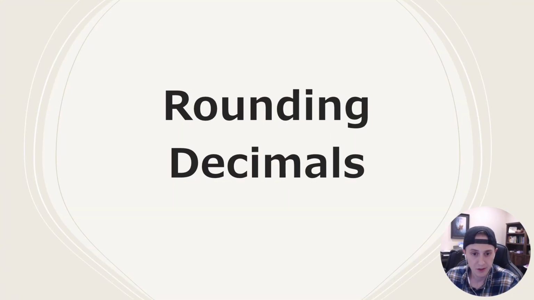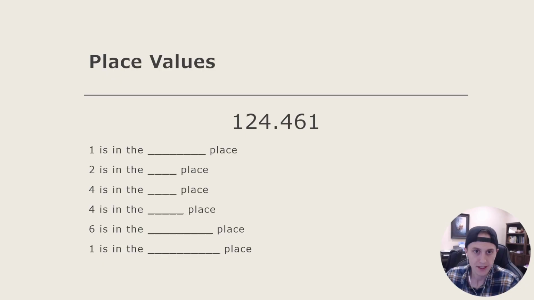Next topic of decimals, we're rounding decimals. This is probably the best time to quickly talk about place values because the DAT could require you to round the answer to a specific place value. So let's look at this number here, 124.461. This number 1 is in the hundreds place.